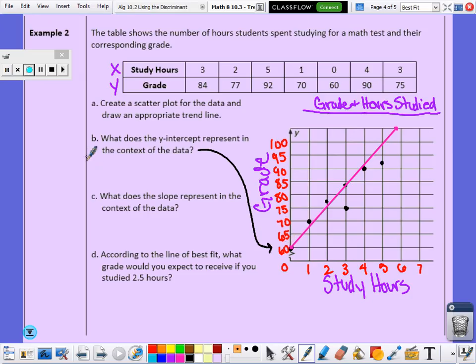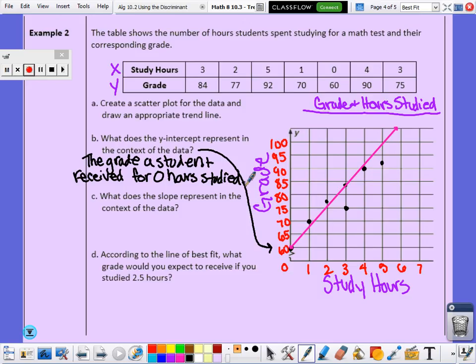So this is going to represent the grade a student received for 0 hours studied. So if you don't study, looks like you get a 60%, which is a D, a low D. So that's how we interpret y-intercept.